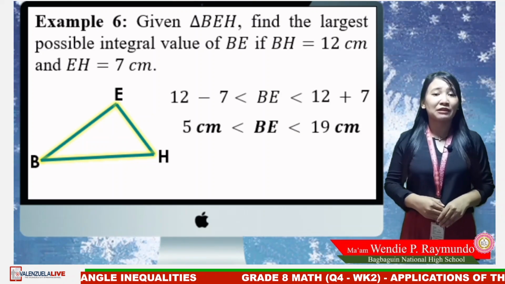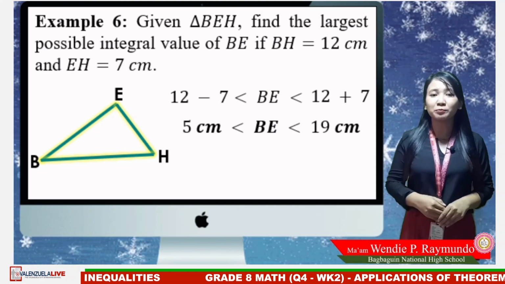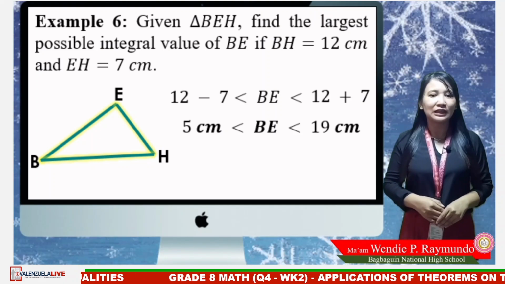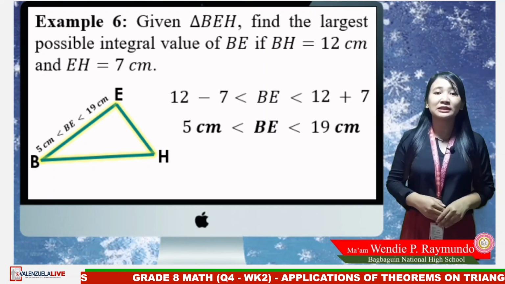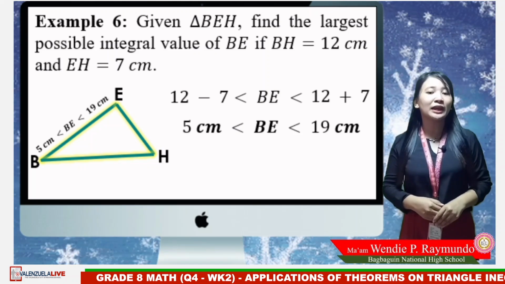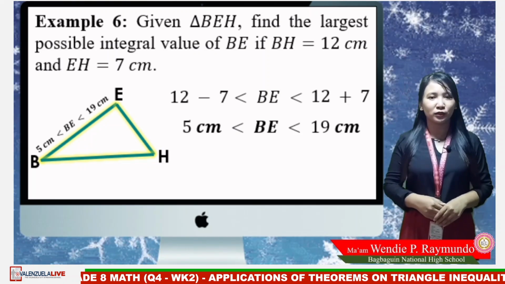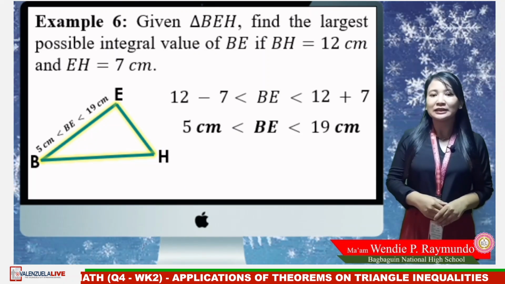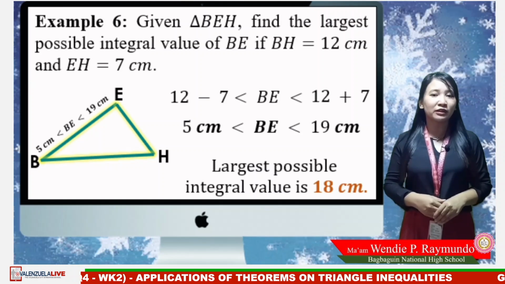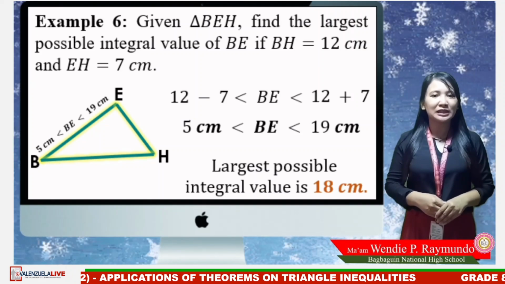So 12 minus 7 is 5, and 12 plus 7 is 19. So we have side BE is greater than 5 cm and less than 19 cm. Therefore, the largest possible integral value is 18 cm.